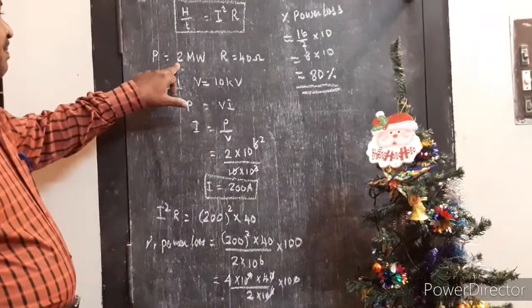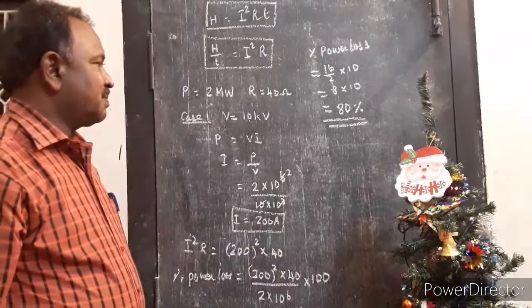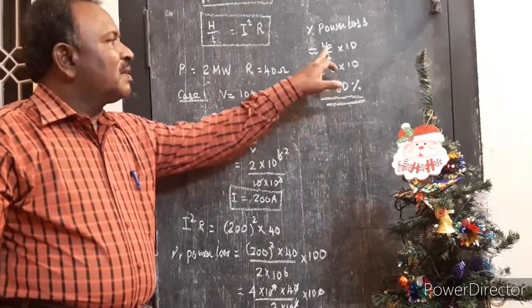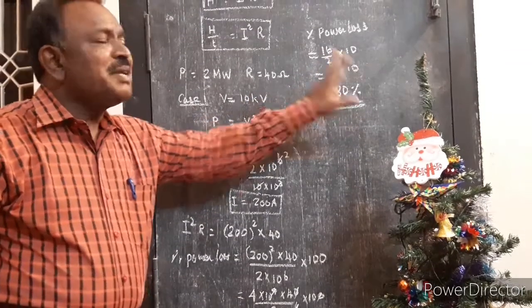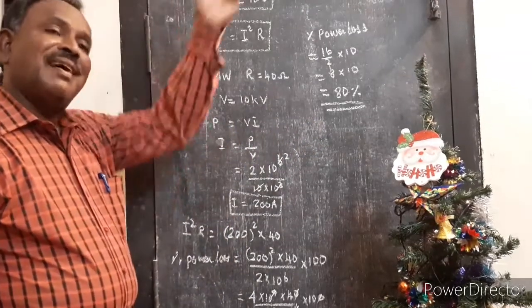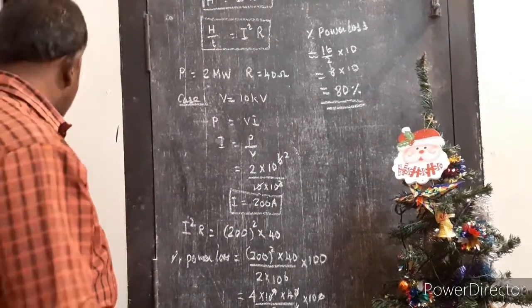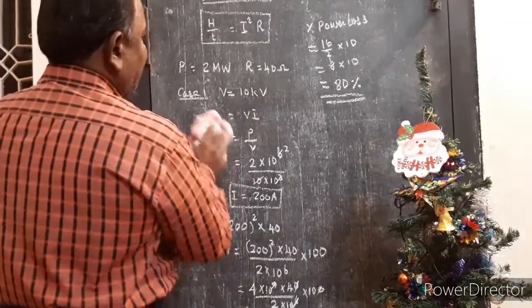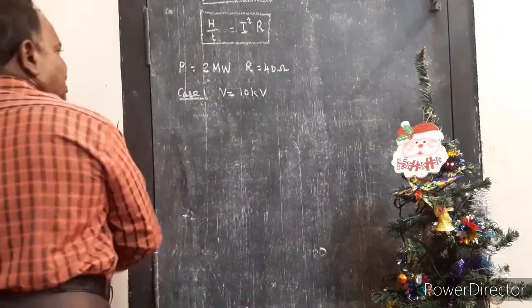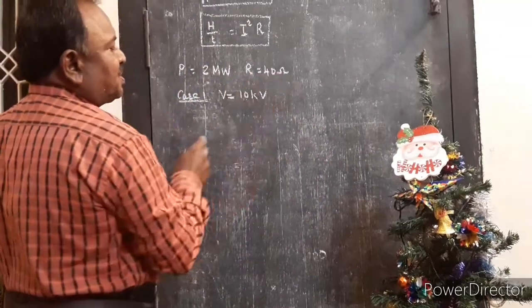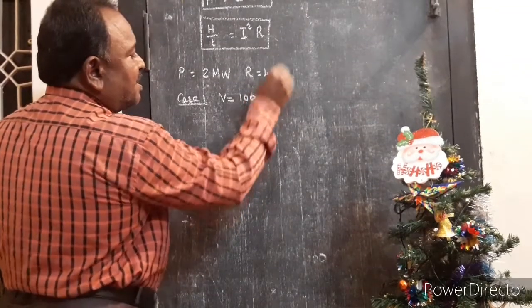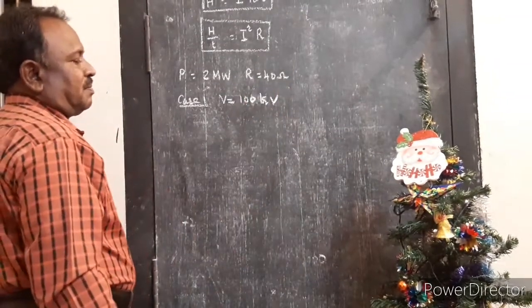So if you consider 2 megawatt power, in this 2 megawatt power we are losing 80% and the remaining 20% only reaches the other end. We are going to see the second case. In the second case, we are sending the same amount of power, 2 megawatt, same resistance 40 ohm, but the voltage is 100 kilovolts.